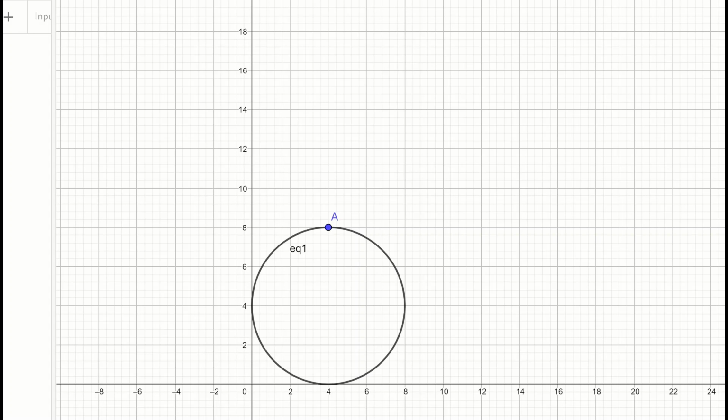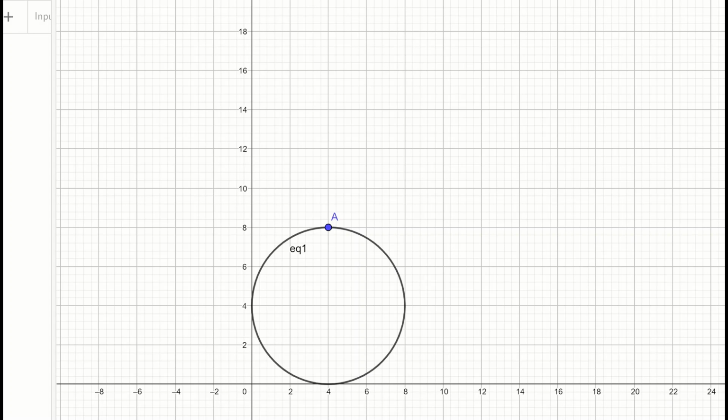Because again, it touches that point A, which is 4, 8. So half of 8 is 4. So what we're going to have to realize here when we answer this question is that the radius is the same distance as what I go across on the x-axis and up on the y-axis. So my point I'm going to call maybe r, because that's the same as my radius.